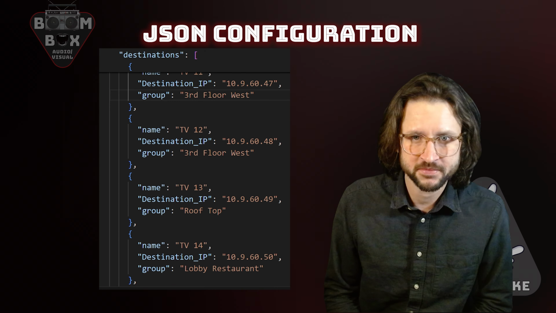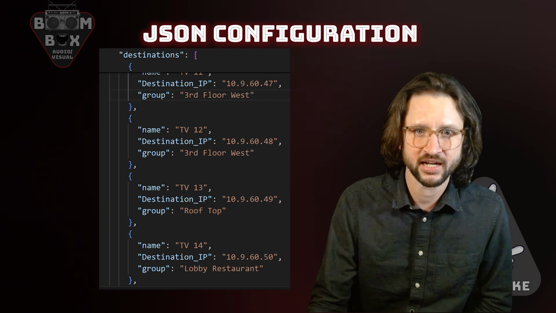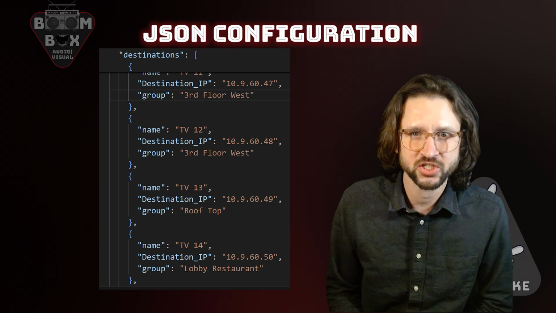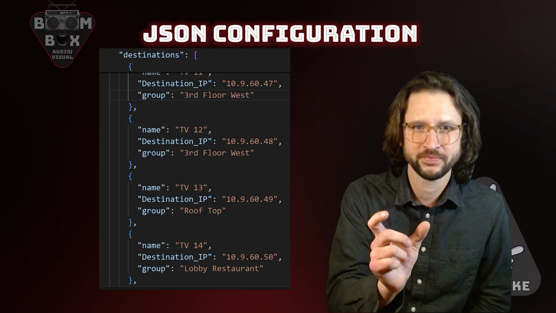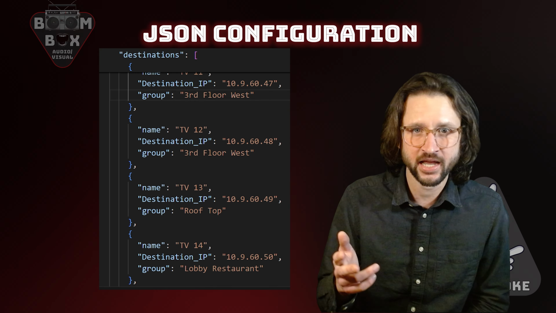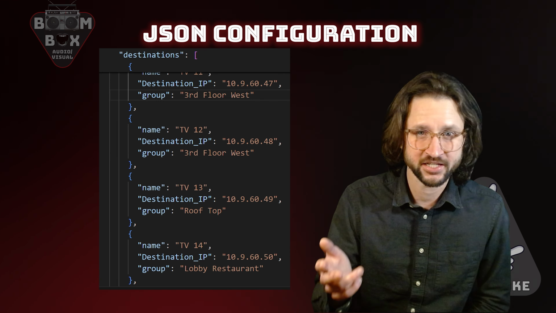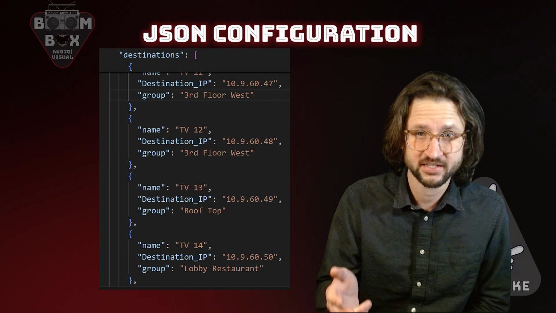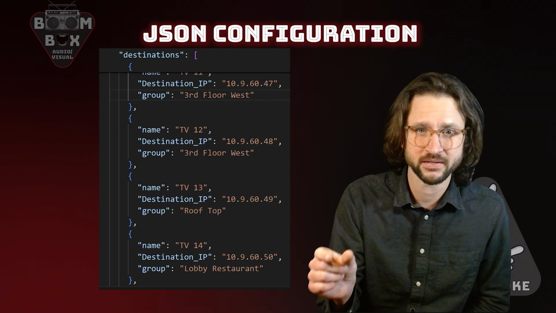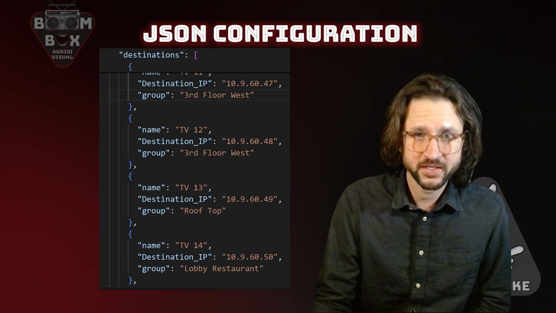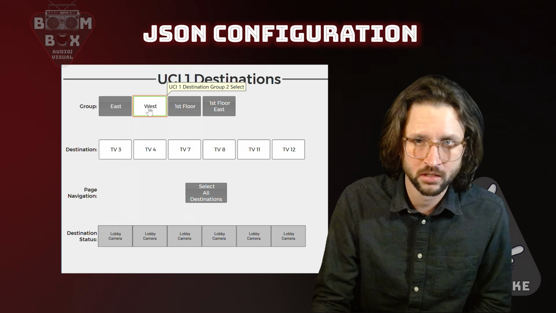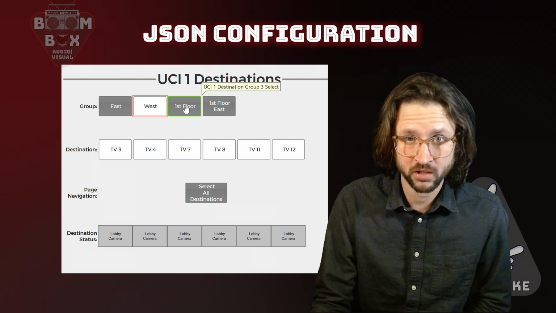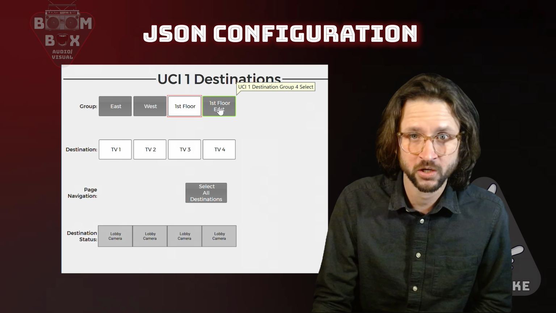Now, the group names defined in the configuration for each UCI is simply used to search for all destinations which contain the UCI group name. You can think of the UCI groups as a search engine, and it just displays the search results as source and destination buttons. As you can see here, I can choose to display all of the TVs on an east wall, on a west wall, on the first floor, or on the first floor east wall.